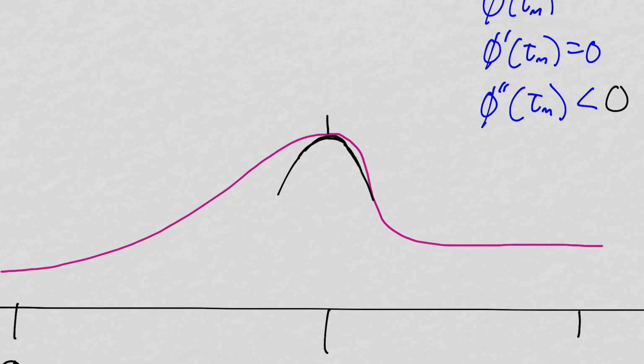It's probably not a good representation of this particular circumstance, but it's close enough, right? So this parabola is our second order Taylor series representation of phi around this point. And what we're going to do is put that second order representation straight into the integral, and we're going to see what that gets us.